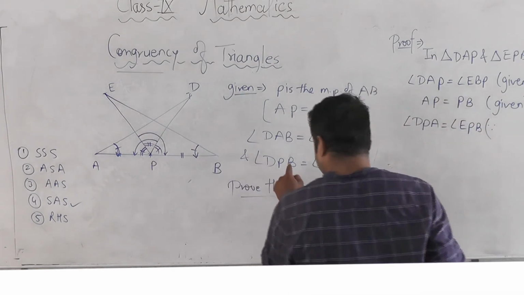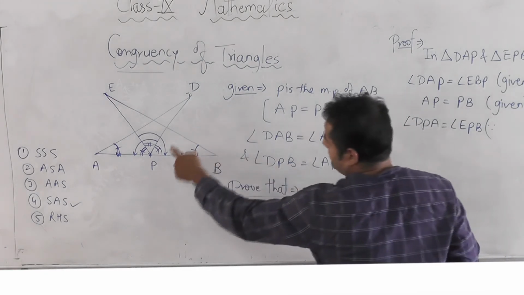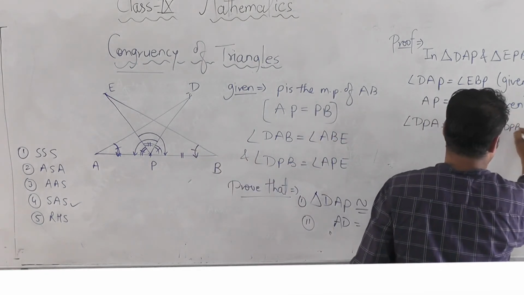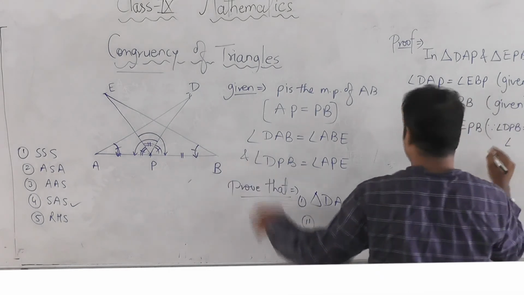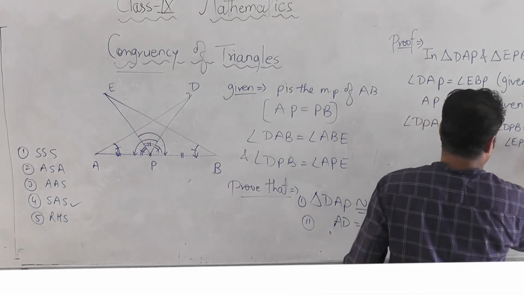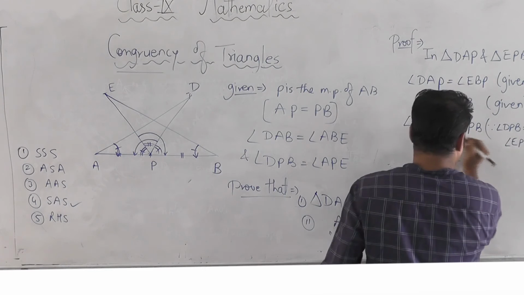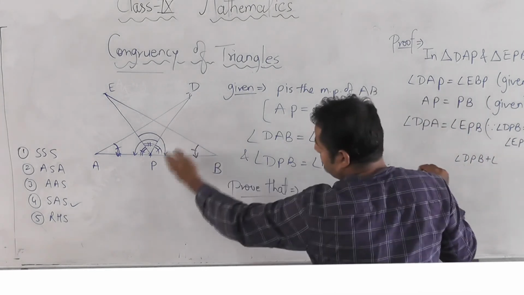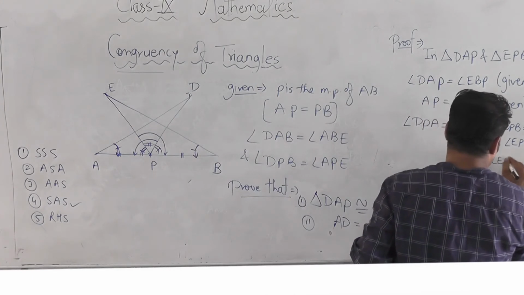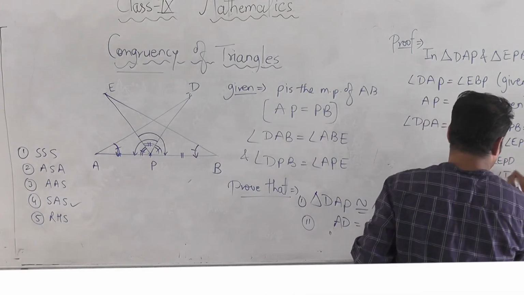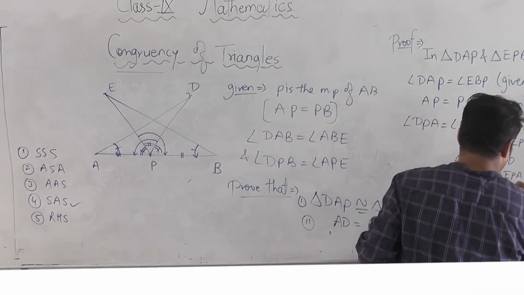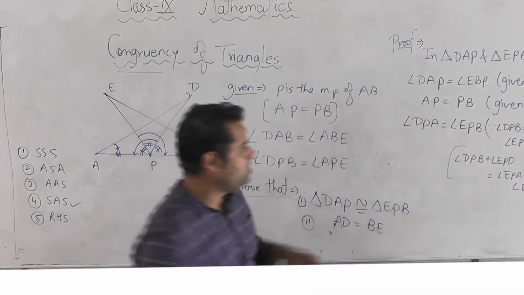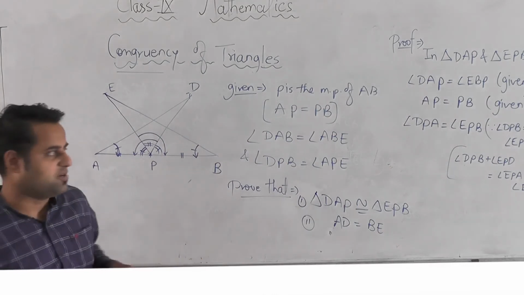Why? Because angle DPB is equal to EPA. When we add the same angle EPD on both, in EPA also we add EPD, so when we add an equal angle to equals, the wholes become equal.